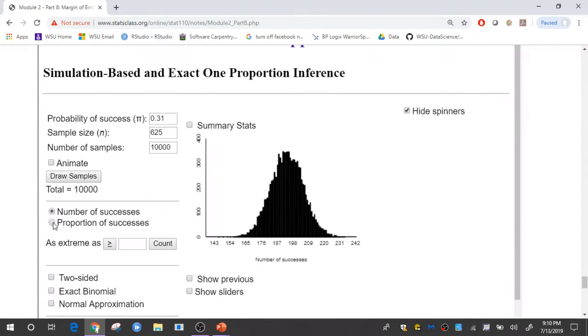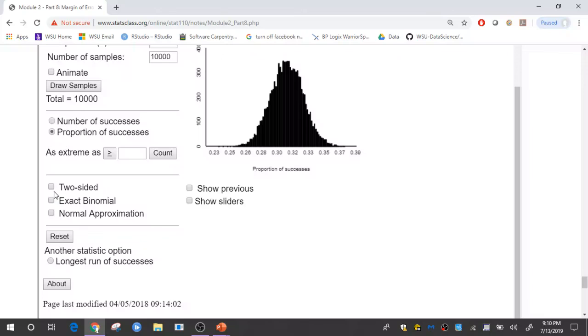Make sure and change this to proportion of successes and two-sided. And then what you need to do is just start guessing values here. So you just try to make an initial guess here. Maybe I'll do that as an example, 0.26 maybe.